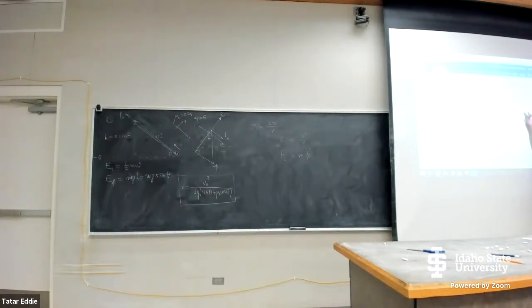Definition of impulse. So this is the impulse momentum theorem. The impulse is equal to the change of momentum. The impulse of a net force is equal to the change of linear momentum of the object. This is what we did yesterday in class.